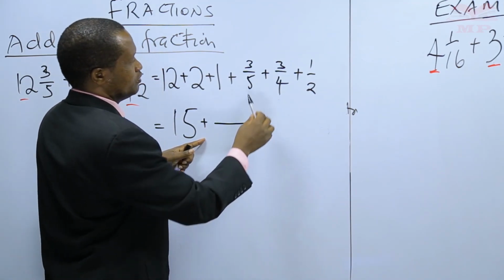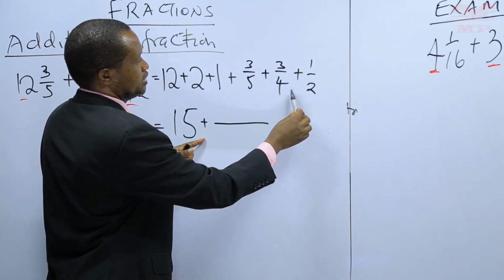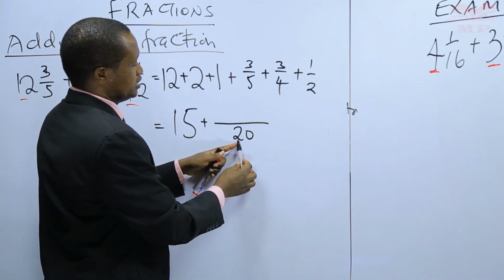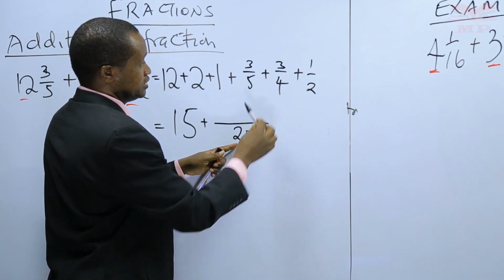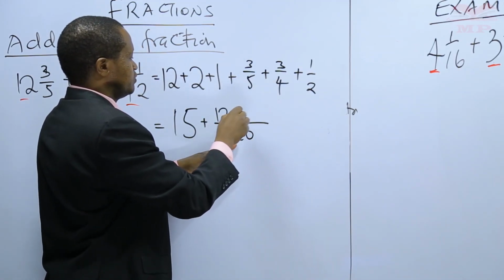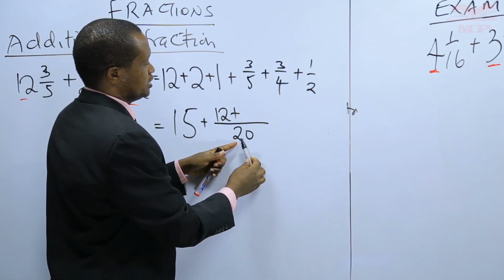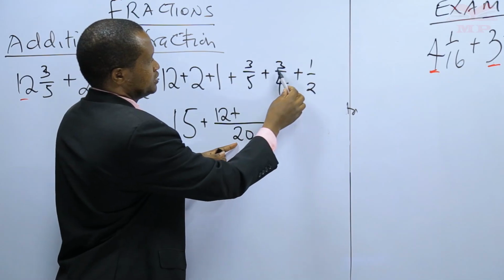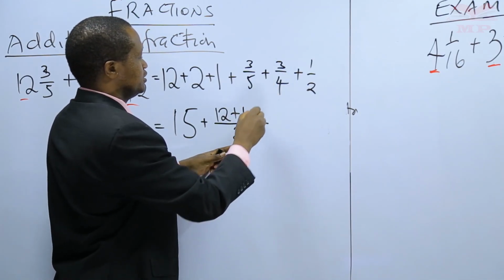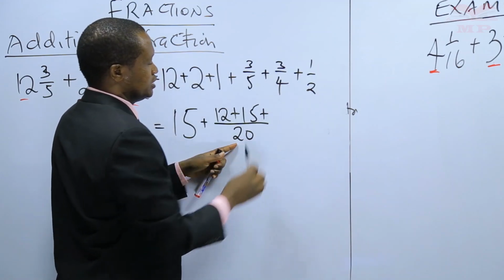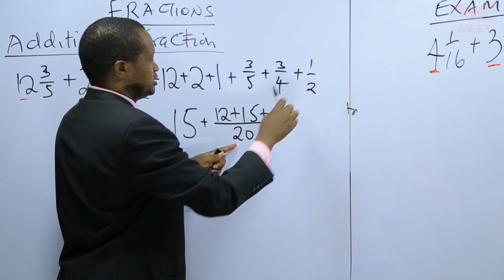The LCM of 5, 4, and 2 is 20. So 20 divided by 5 is 4, 4 times 3, 12, plus 20 divided by 4 is 5, 5 times 3 is 15, plus 20 divided by 2, 10, 10 times 1, 10.